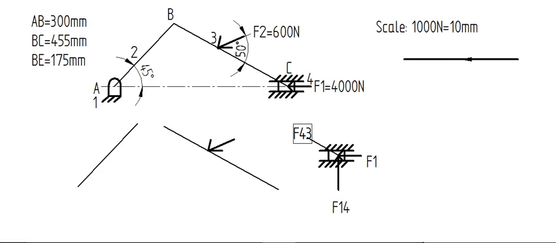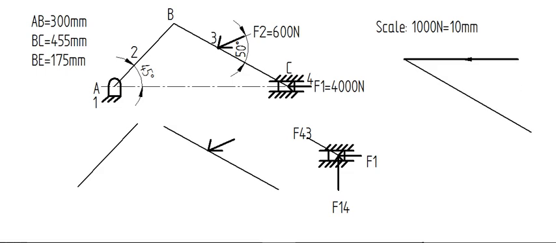Then here for F43 you don't know the value, but you know the direction. So from here parallel to this line I will draw a line.